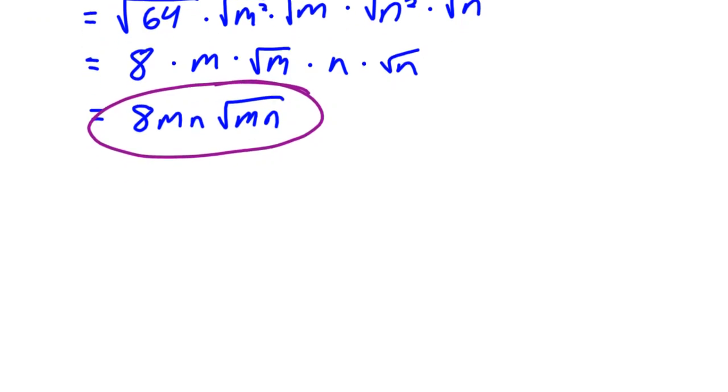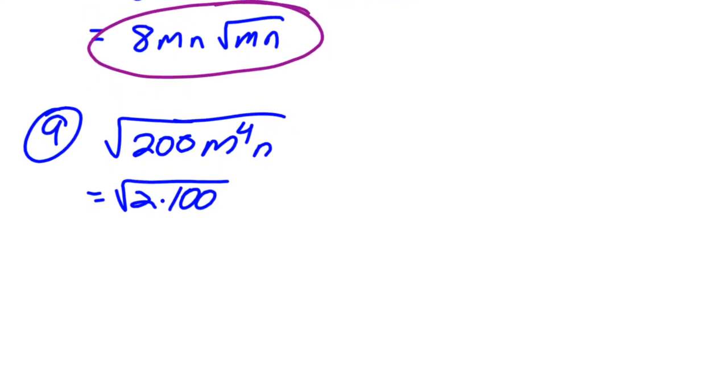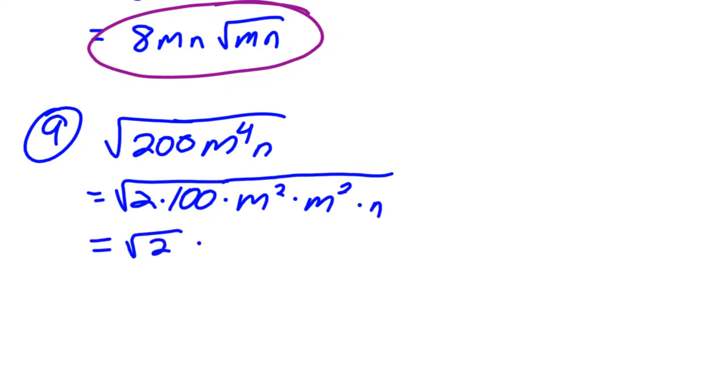And for 9, I have to read really quick. Rad 200 m to the 4th n. So we can use 2 and 100 times m squared times m squared times n. I'm going to separate these.